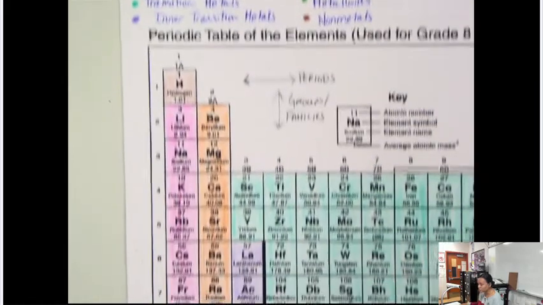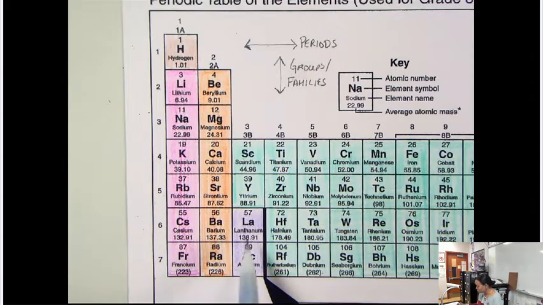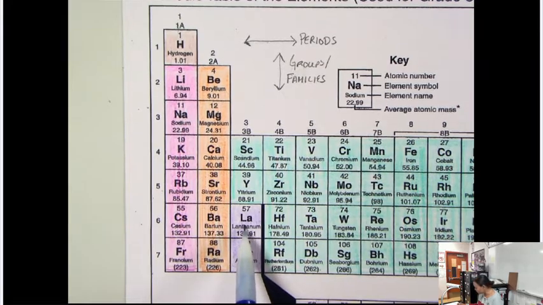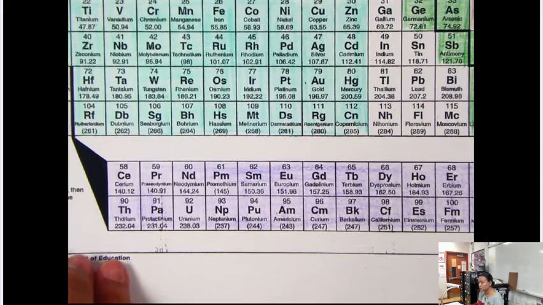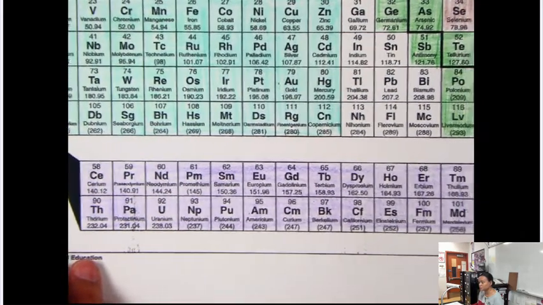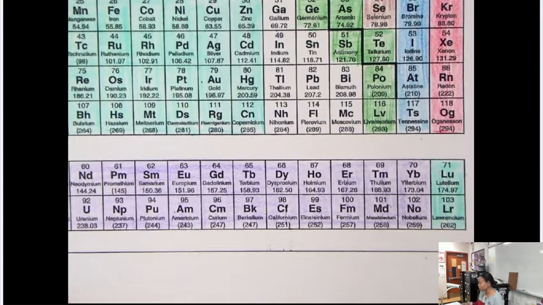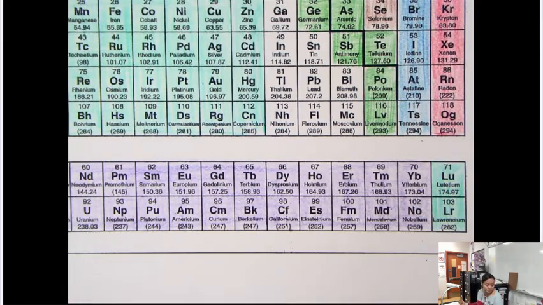So again, your inner transition metals, your F sublevel, ended with Fs. Lanthanum, actinium, those are your F1s, and then F2 through F14. Remember, these were D1s at the end, so those are a part of your transition metals.